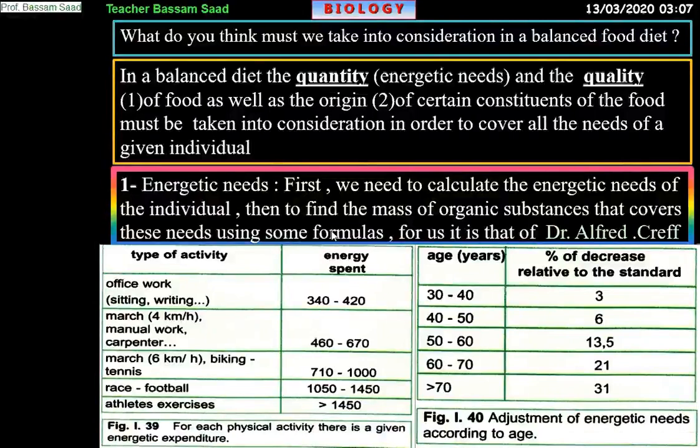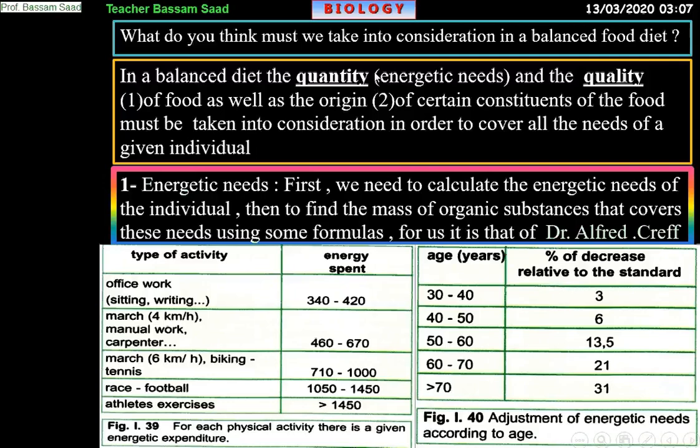My friends, last period we discussed the relation between quantity and quality in a balanced food diet. We said that to construct a balanced diet, we have to take into consideration first of all the quantity of food, which is related to the quantity of energy.